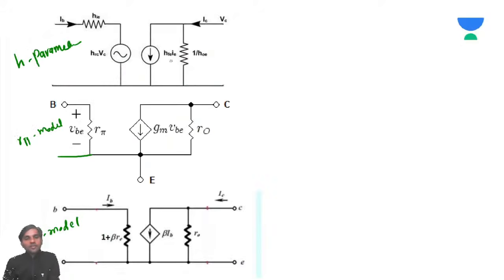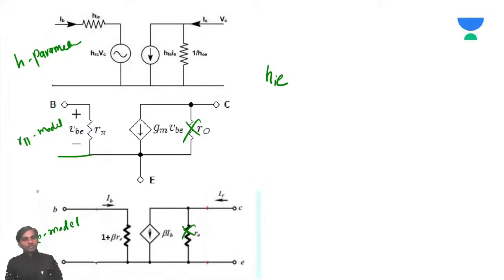If you look at all these three, even if you forget, let's say R0 is not there, this R0 is also not there. So what you can see here is the input resistance HIE. For H parameters, HIE is the input resistance.